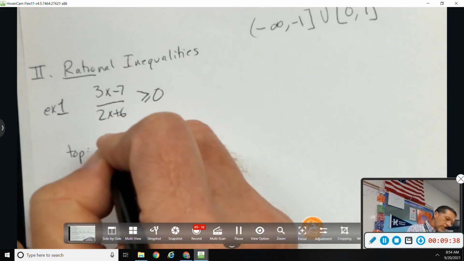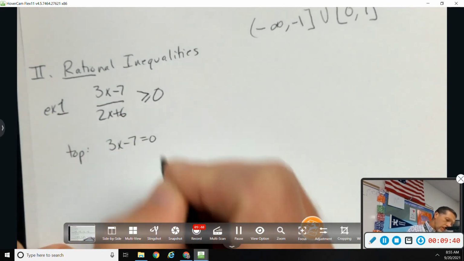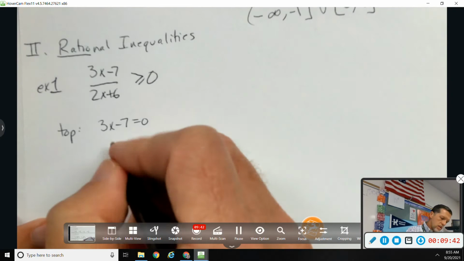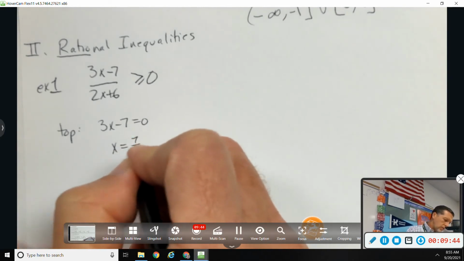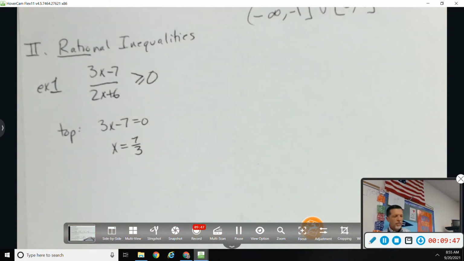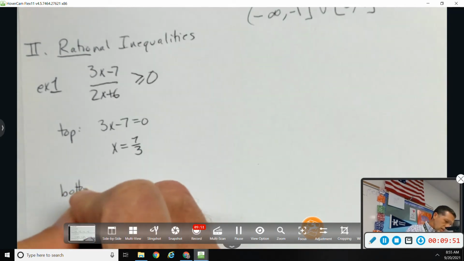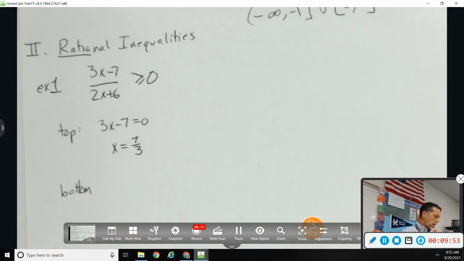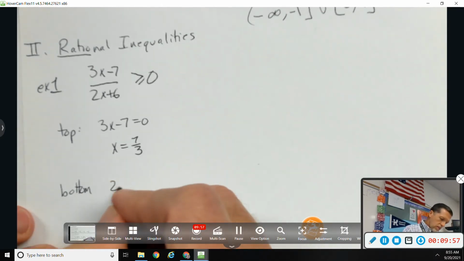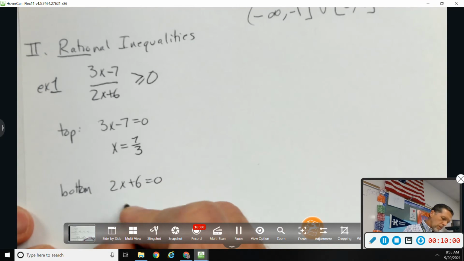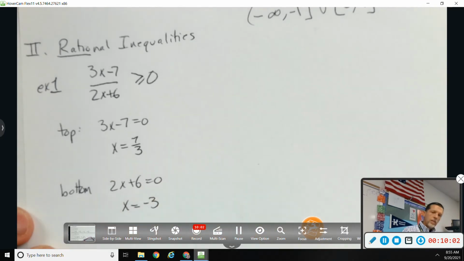So zeros of the top: x equals 7/3. Zeros of the bottom: 2x plus 6 equals 0, so x equals negative 3.